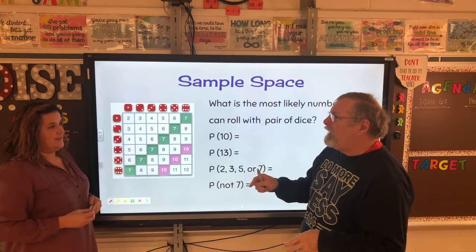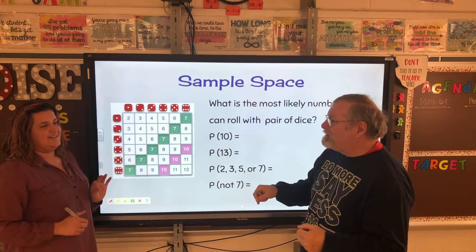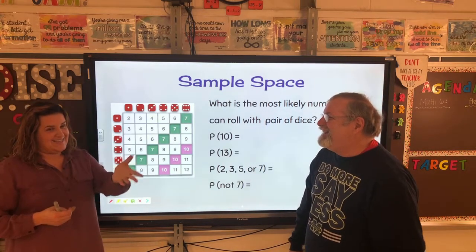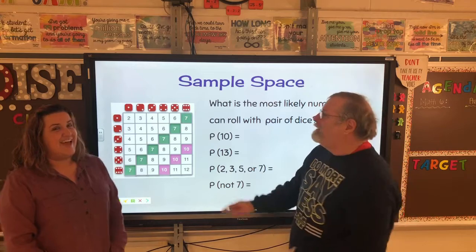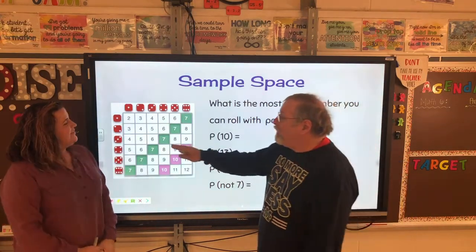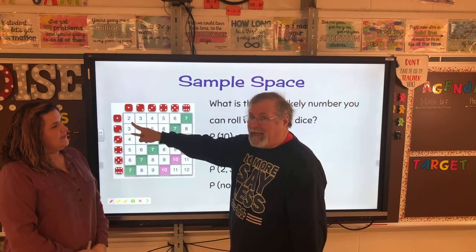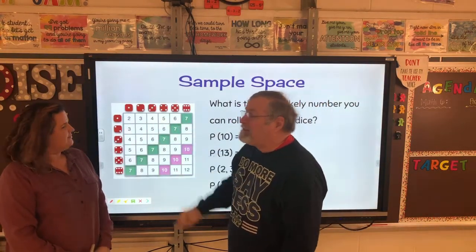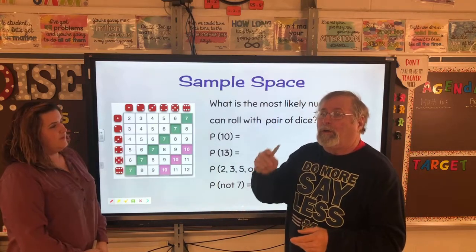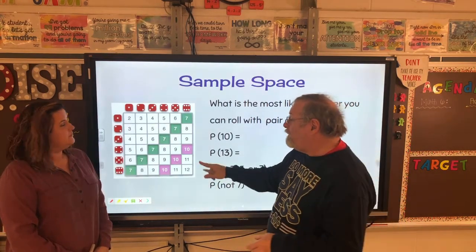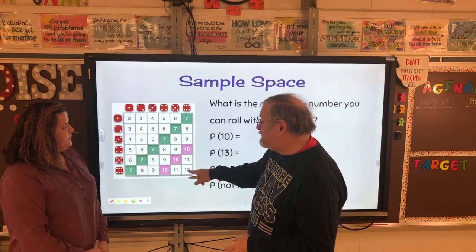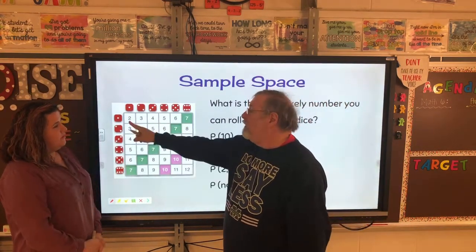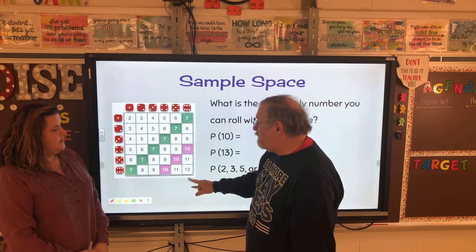If you count these, there are 36 outcomes. There's only one chance out of 36 that you roll a 1 and a 1, and only one chance out of 36 that you roll a 6 and a 6. So theoretically, each is 1 out of 36.